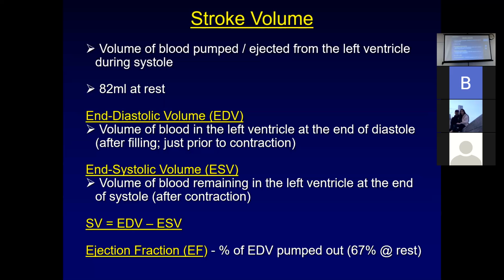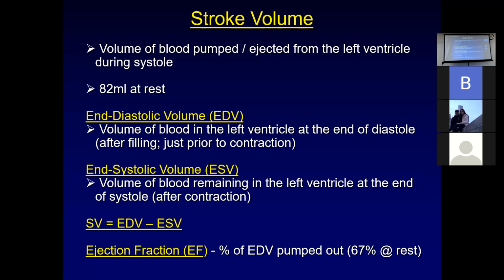One of the largest and most important adaptations to exercise training is a change in stroke volume. The left ventricle hypertrophies, the space inside of it gets bigger, it gets stronger, and so people that are highly aerobically trained have much larger stroke volumes than people that are not as trained.